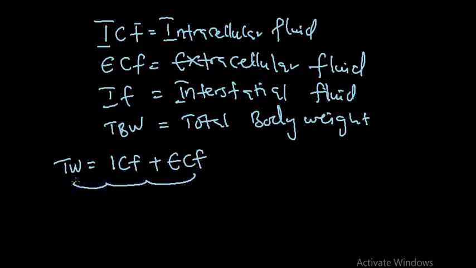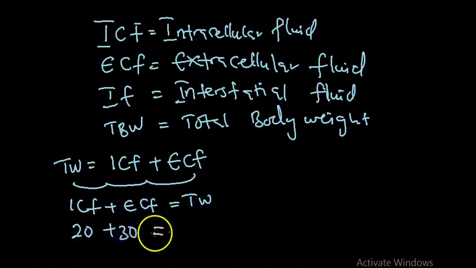Notice that ICF plus ECF is the same thing as TBW. This is the same thing as writing 20 plus 30, which is simply going to be 50.